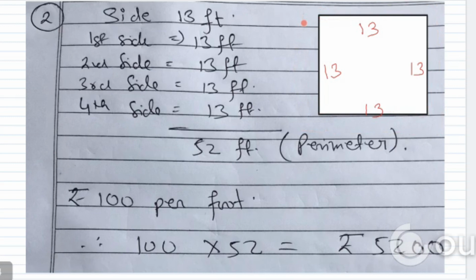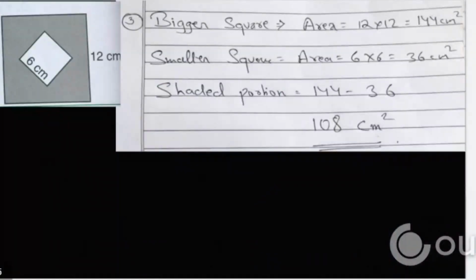So first of all, you find out how many feet it is altogether. We have calculated altogether it is 52 feet. One foot is 100 rupees, so 52 feet will be 100 into 52, that is 5200. That means in order to fence the entire field from four sides, you have to spend 5200 rupees.